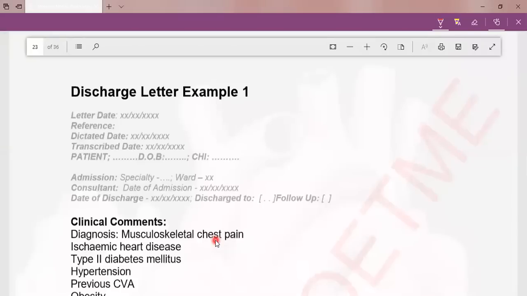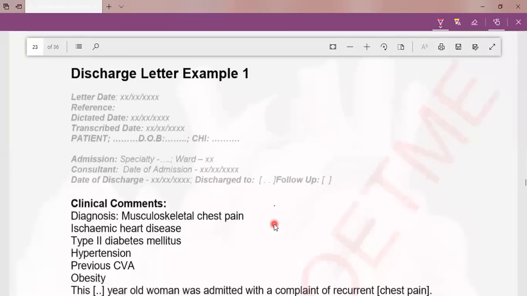This is a discharge letter, because you have done admission already. Okay, so this is a discharge letter example.